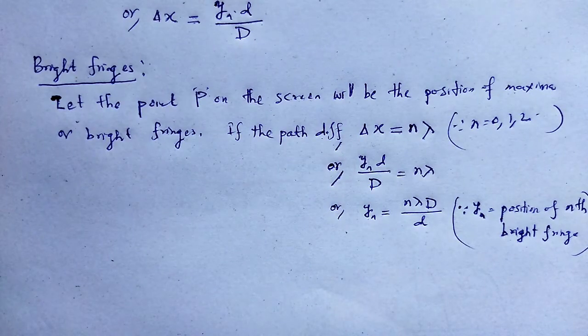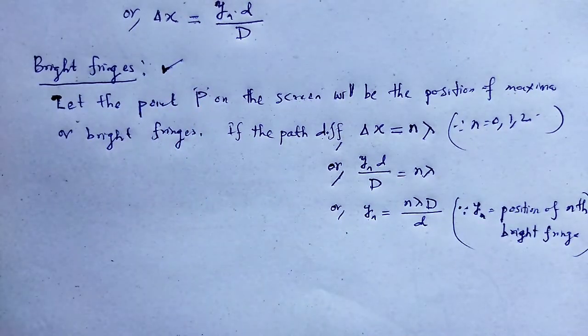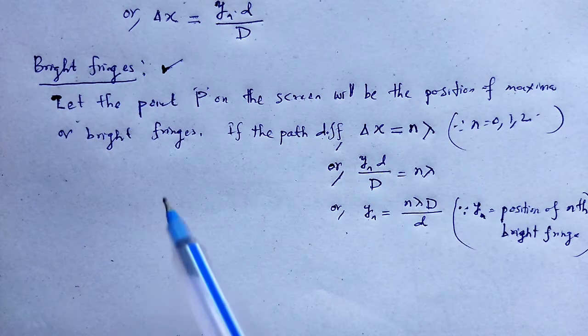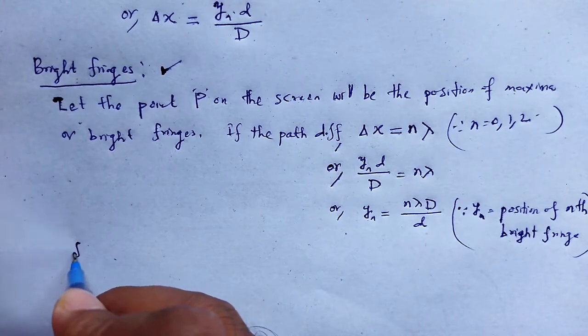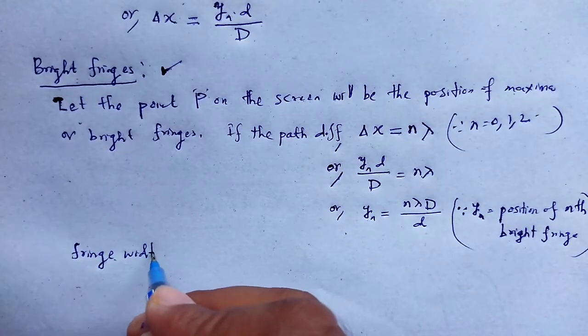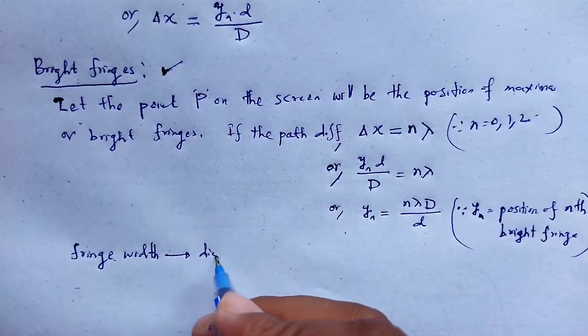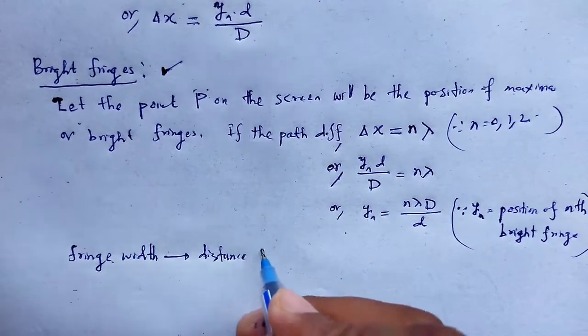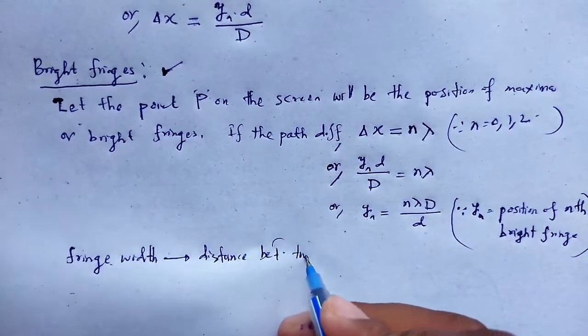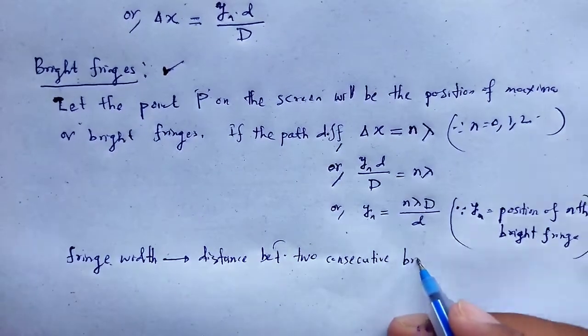Now the fringe width, here we define in the case of bright fringe the fringe width as the distance between two consecutive bright fringes.